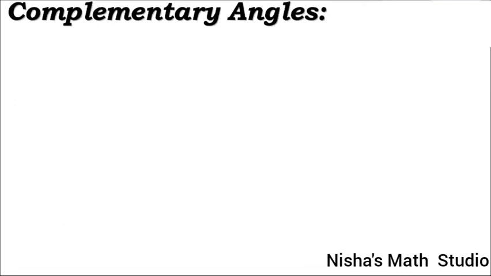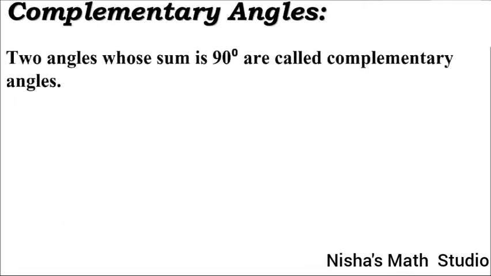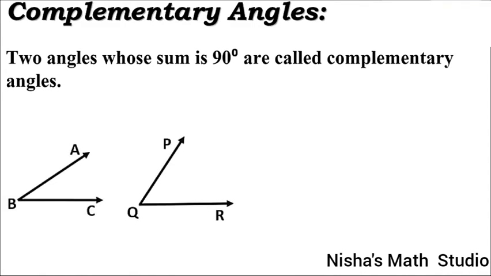Next is complementary angles. 2 angles whose sum is 90 degree are called complementary angles. Here we have 2 angles, angle ABC and angle PQR. If you take the measure of the first angle as 20 degree and let the measure of the second angle be 70 degree, adding these 2 angles we get 20 plus 70, which is equal to 90 degree.